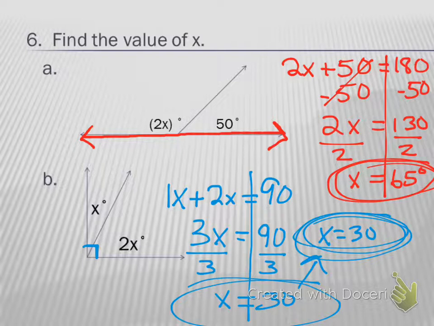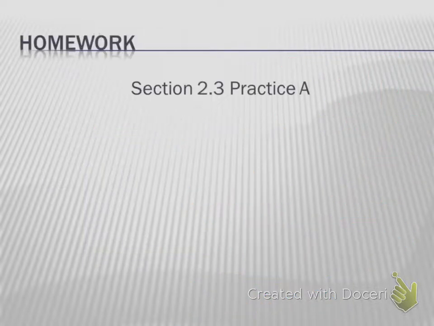Okay, I want to talk about the first 4 from your homework. So the directions say, decide whether this is true or false. If the statement is false, reword the statement so that the statement is true. Number 1 says, 2 angles are complementary if the sum of their measures is 180.